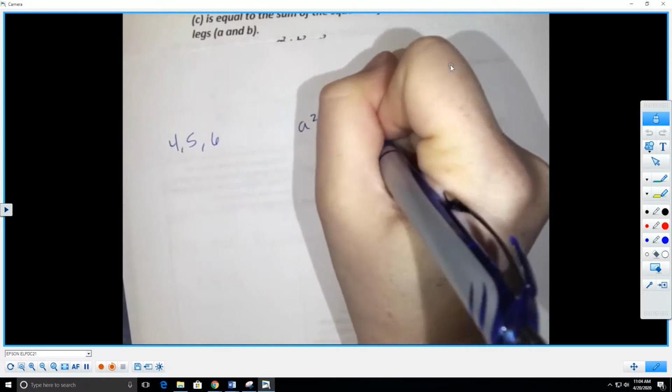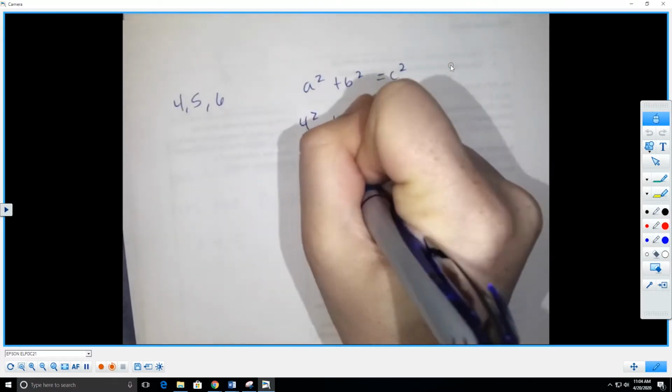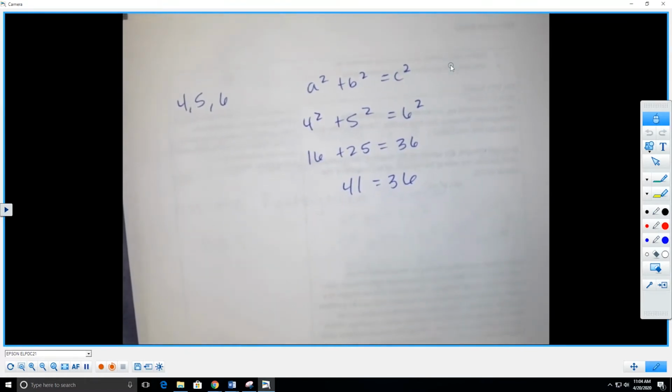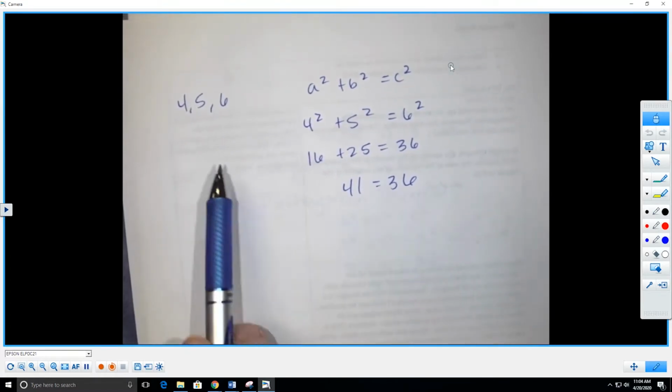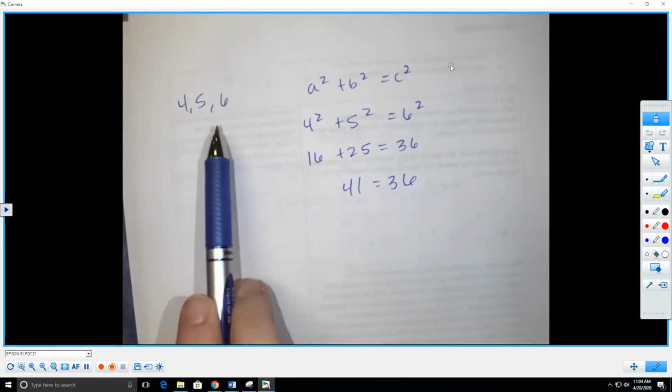A squared plus B squared equals C squared. 4 squared plus 5 squared equals 6 squared. 16 plus 25 equals 36. 41 equals 36. Well, now this isn't true, is it? 41 is not equal to 36. Therefore, 4, 5, and 6 are not a Pythagorean triple. And in fact, although they do form a triangle, this isn't a right triangle, as we will see in our lesson today.